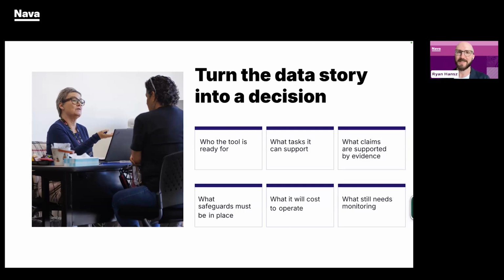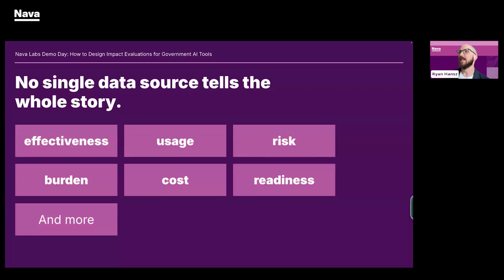And what it will cost to operate. So the cost of an agentic form filler is different than the cost of a chatbot, and that's part of the cost-benefit analysis that needs to be done. And then, of course, what still needs monitoring? So what are we still not sure about that we're either going to continue to monitor with our current setup, or change who has access to the tool or how we're measuring it to get more information about?